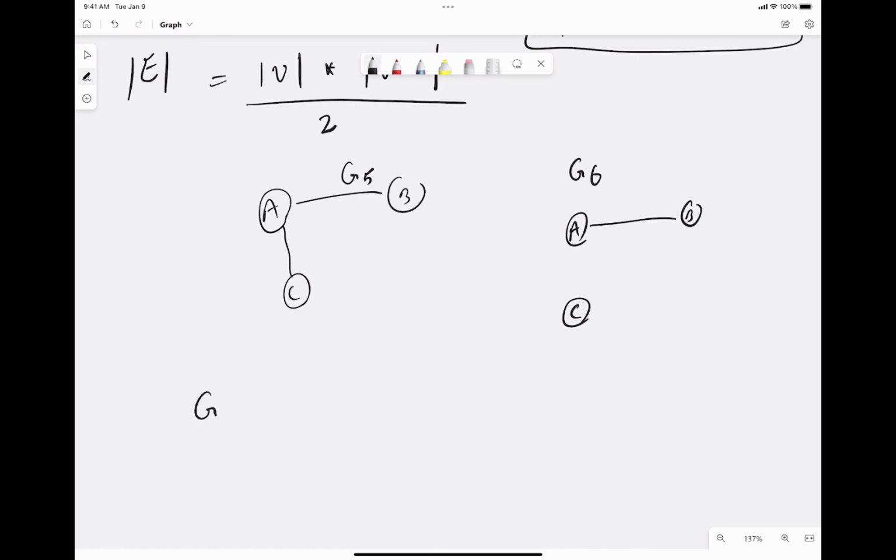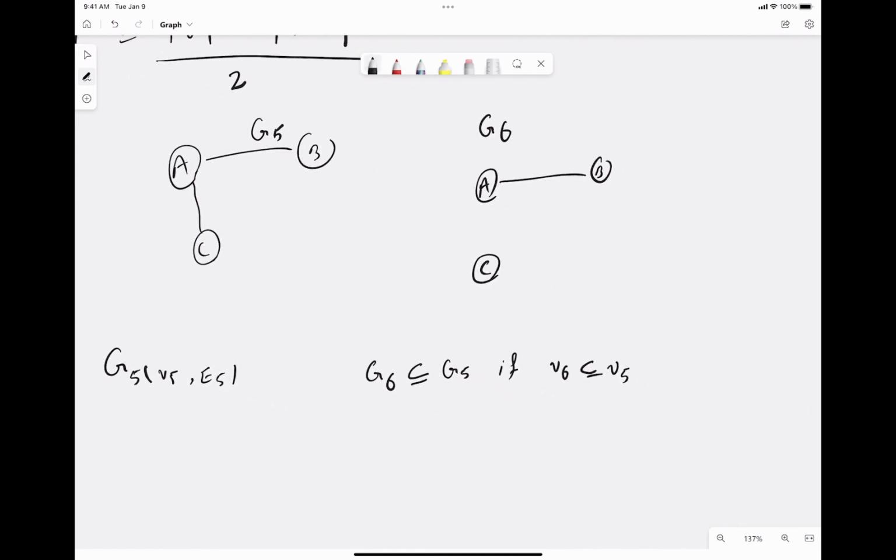So if we have the graph G5, for example, with the V5 and E5, then we say that G6 is a subgraph of the graph G5 if V6 is a subset of V5, and also E6 is a subset of the set E5.